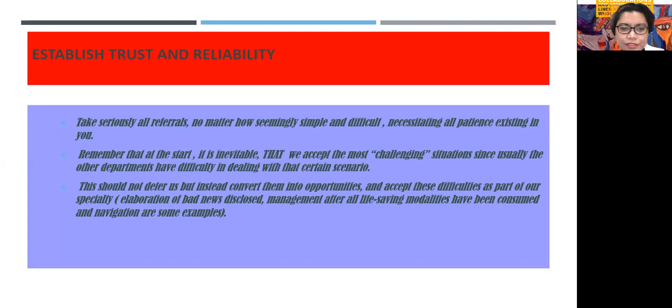We should take seriously all referrals, no matter how seemingly simple or difficult. We have to remember that at the start, it is inevitable that we accept the most challenging situations, since usually the other departments have difficulty dealing with that certain scenario.